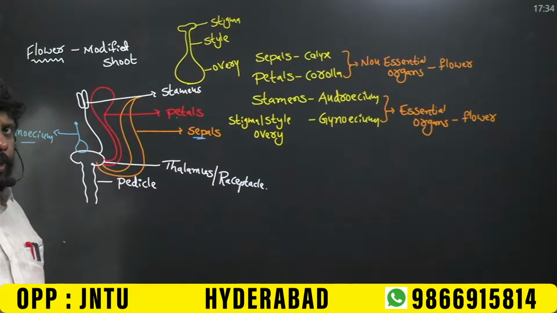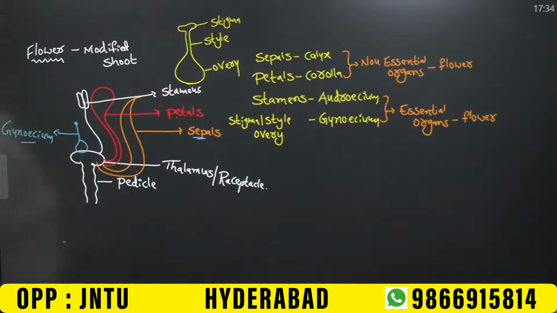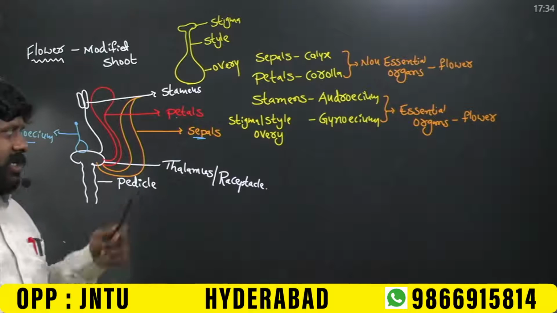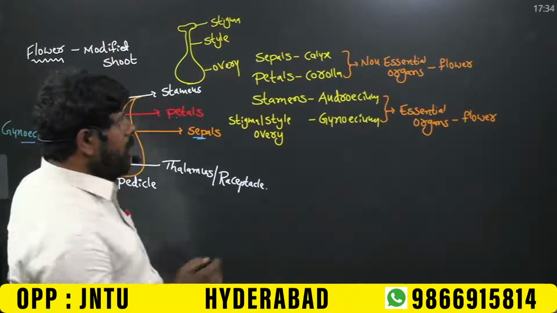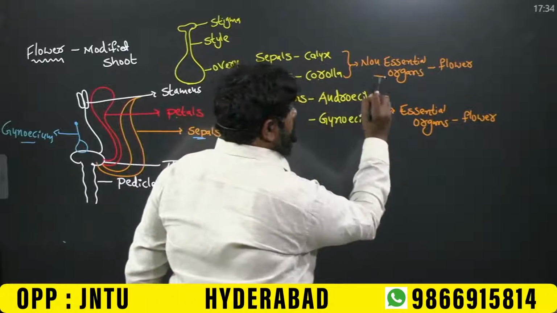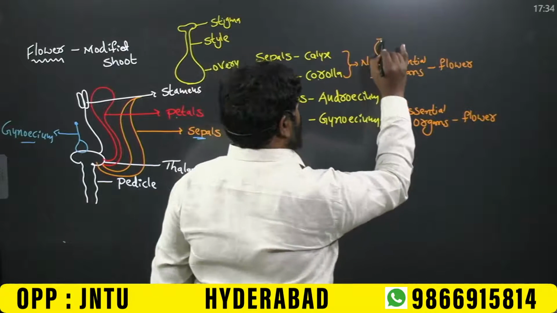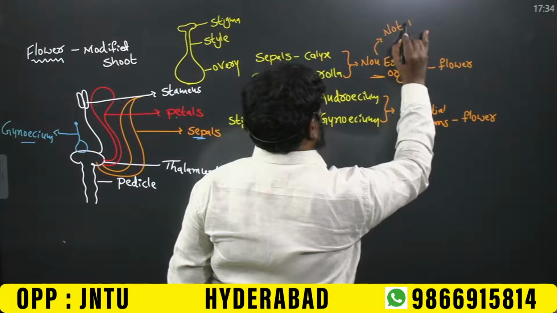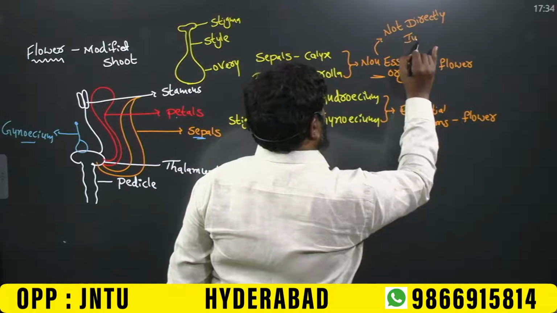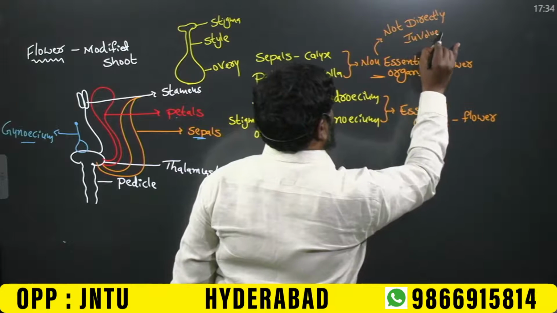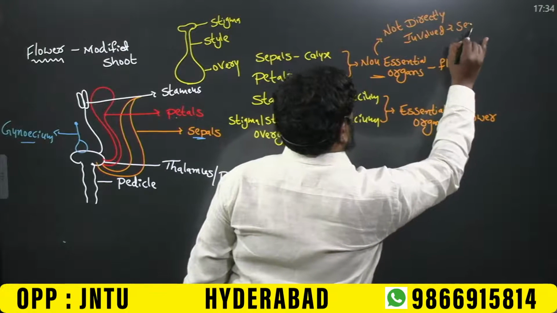Why are calyx and corolla non-essential? Why are androecium and gynoecium called essential? Simple reason: calyx and corolla are non-essential organs because they are not directly involved in sexual reproduction.